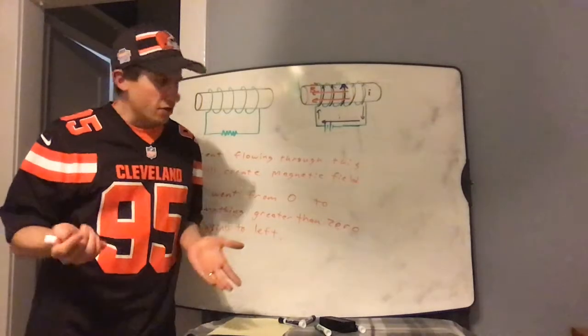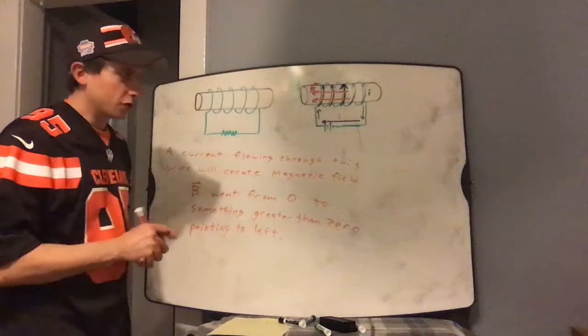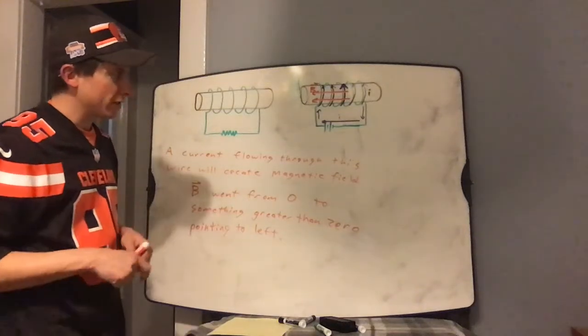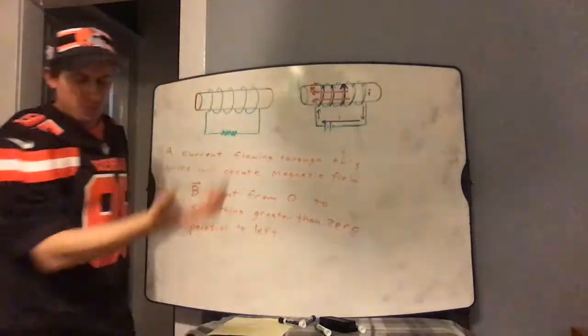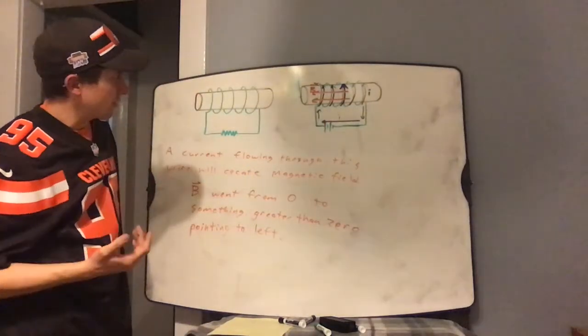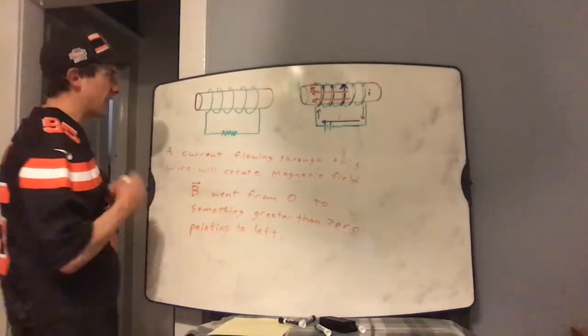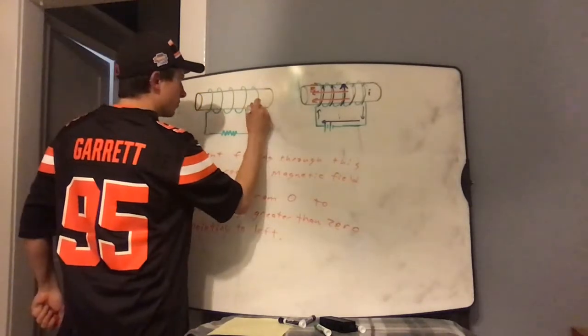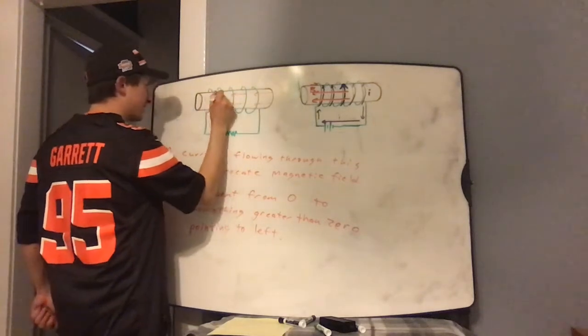Now, I could look at the structure of the magnetic field created by a solenoid, and I know the magnetic field is going to wrap around, but the important thing is, at the location where this cylinder is found, the magnetic field is still going to be pointing to the left, more or less.